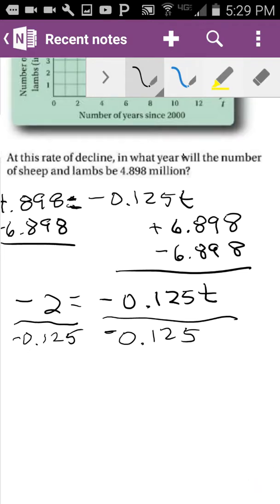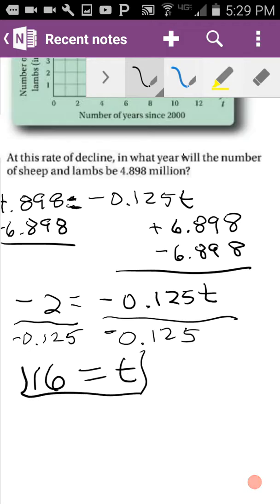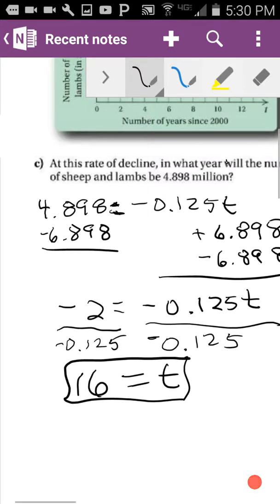And when we plug that into our calculators, we realize that t equals 16. So in 16 years, we can expect that the sheep will have declined to 4.898 million.